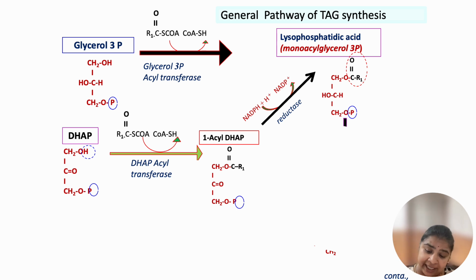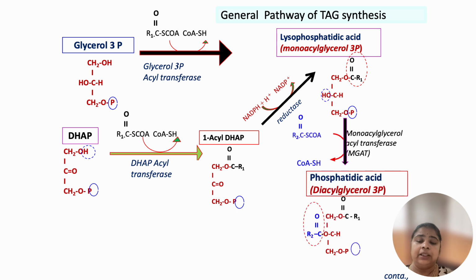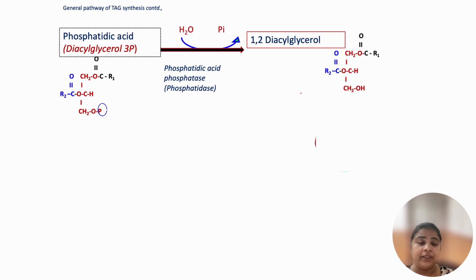So, the next step is addition of another fatty acid, by monoacyl glycerol phosphate acyl transferase. One more fatty acid is added to position 2 to form diacyl glycerol 3-phosphate or phosphatidic acid. Now, the next step is addition of another fatty acid.